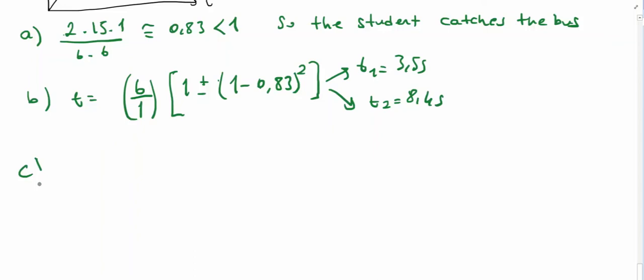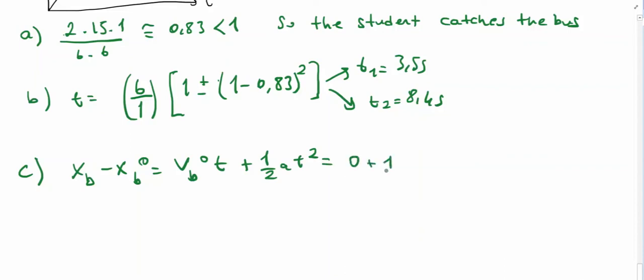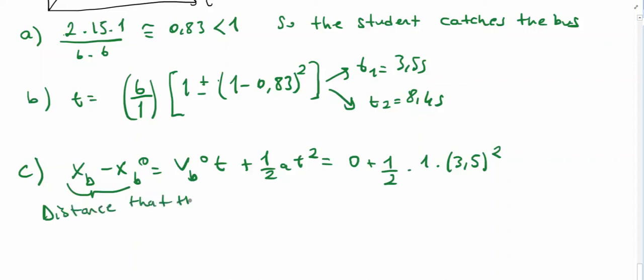And solving for c, xb minus xb0 is equal to vb0 t plus 1 over 2 a t squared, and that is equal to 0 plus 1 over 2 times 1 times 3.5 squared, and this is the distance that the bus traveled.